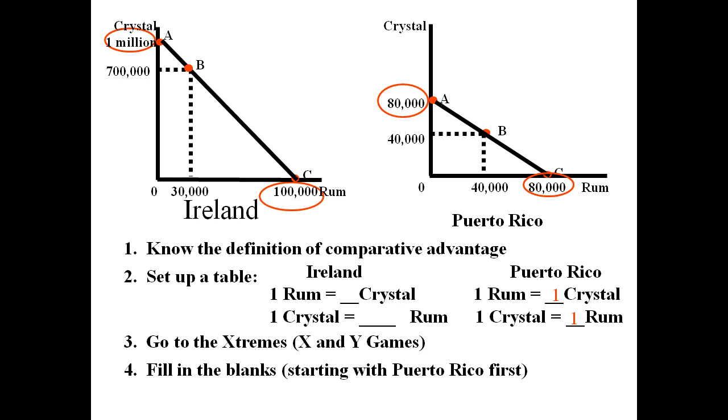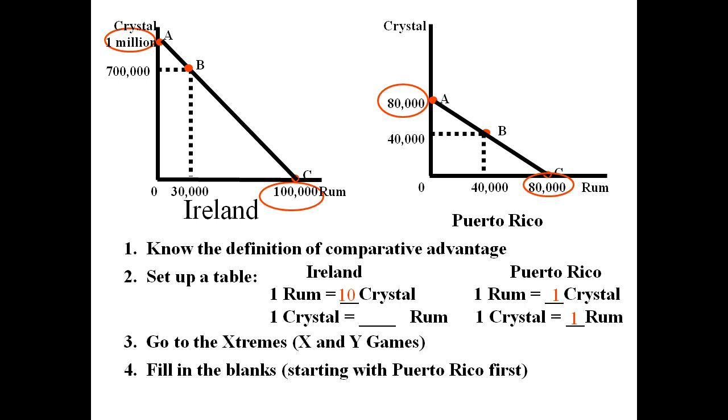Now let's focus on Ireland, if it was focusing on 1 rum. We look at our x-axis at 100,000 at point C. We have to get that down to 1, so we divide by 100,000. We do the same thing on our y-axis at point A: 1 million divided by 100,000 is 10.